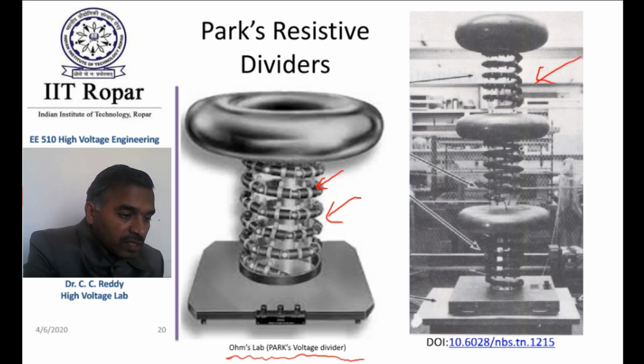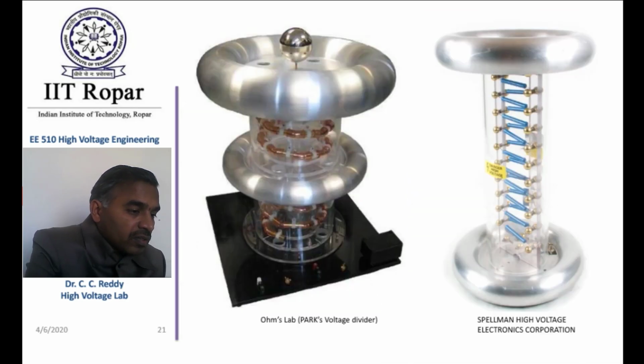You can see the resistors here, and this is another one from another company, Spellman High Voltage Electronics Corporation. They have made spheres here in order to reduce the stress. Again, this is the high voltage terminal, this is the ground terminal, you can see.